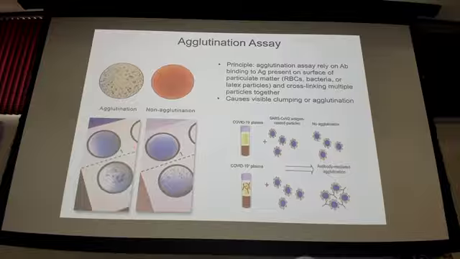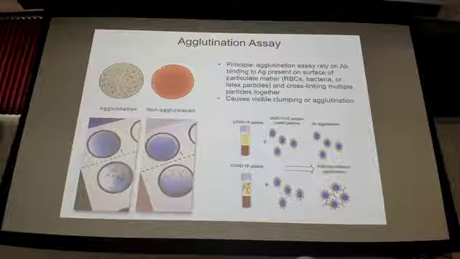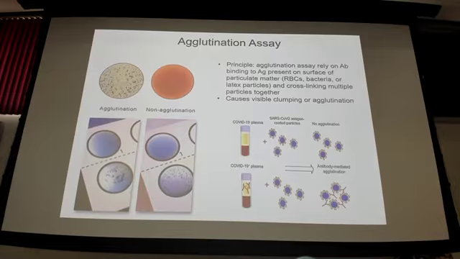But these, they're nice. This image doesn't really show it, but this is a card with 6 different wells, so you can load up 6 different patient specimens on this, and within 5 minutes, usually less. Usually it's pretty much immediate. You start seeing those visible clumps of antibody-antigen clusters. So they are pretty nice for that.